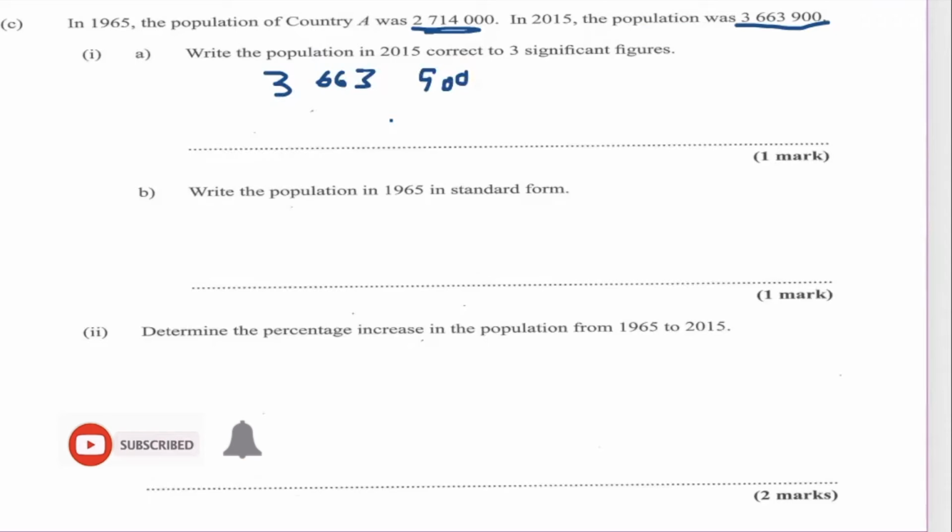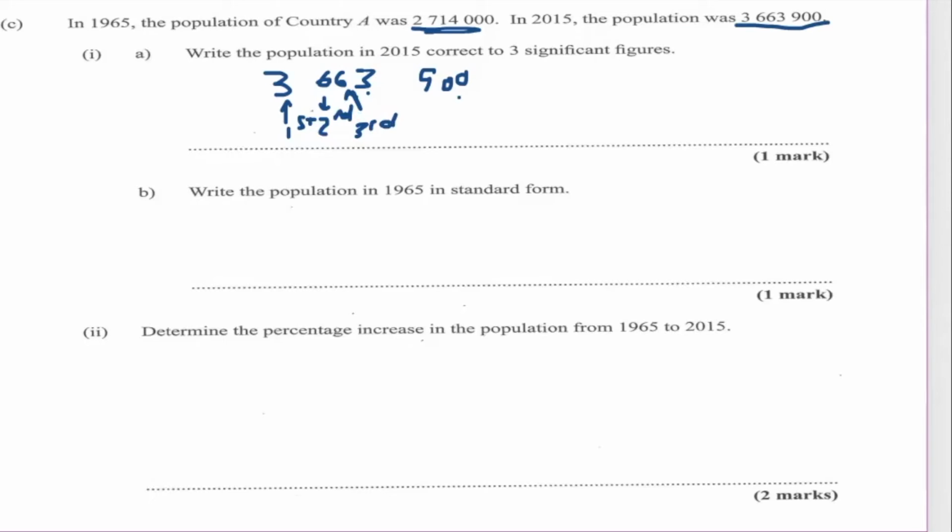3,663,900, and our first significant figure will be the 3 in the million space. So this will be my first significant figure. The 6 will be the second significant figure, and the second 6 will be the third significant figure. Now behind the 6 is a 3. That determines if we round up or down.